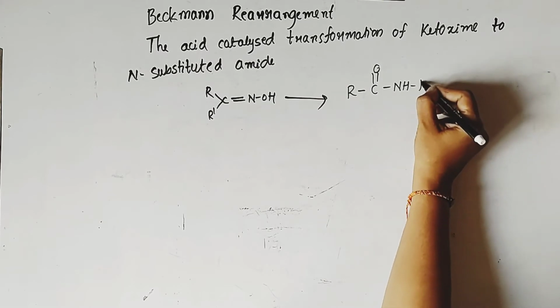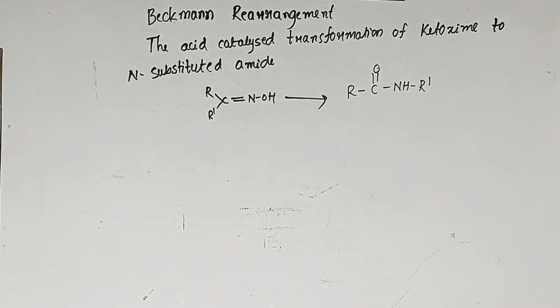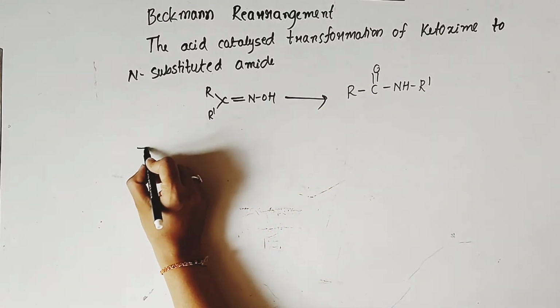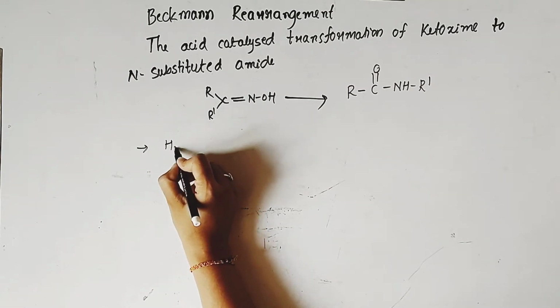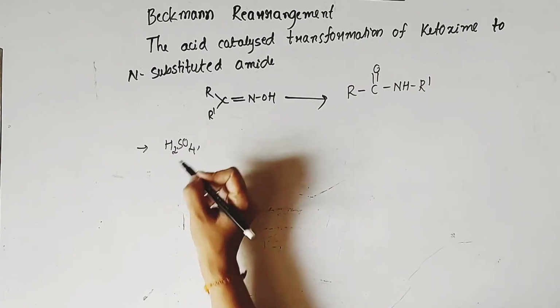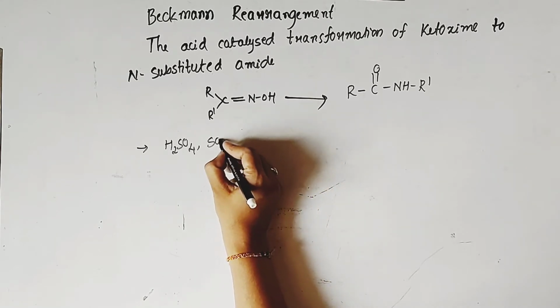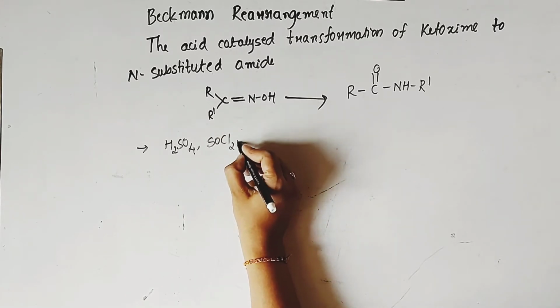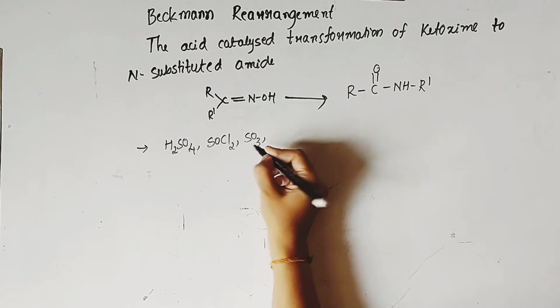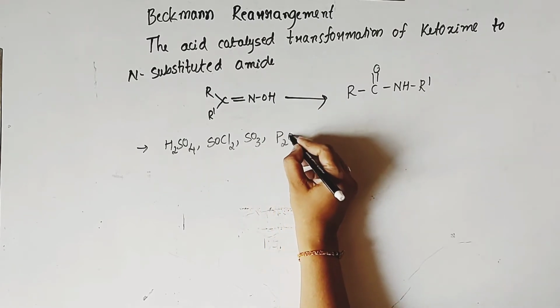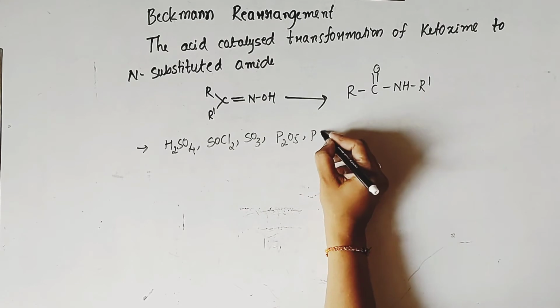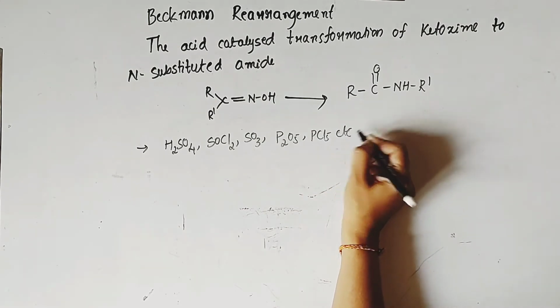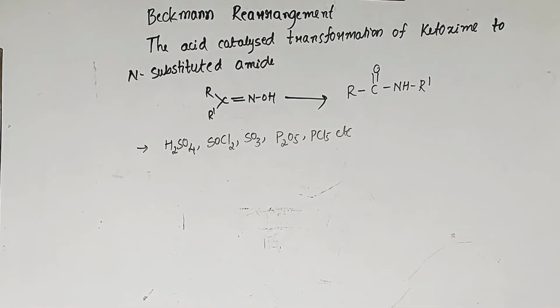It is an N-substituted amide, and this whole rearrangement will take place in the presence of acidic reagents such as concentrated sulfuric acid, H2SO4, thionyl chloride SOCl2, sulfur trioxide, phosphorus pentoxide, phosphorus pentachloride, etc. That means the whole rearrangement will take place in the presence of these kinds of acids.